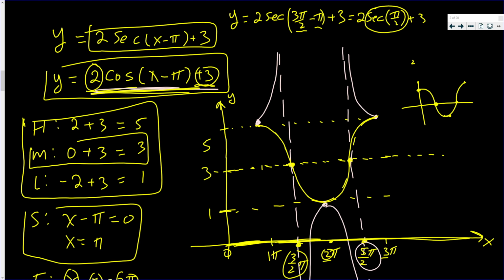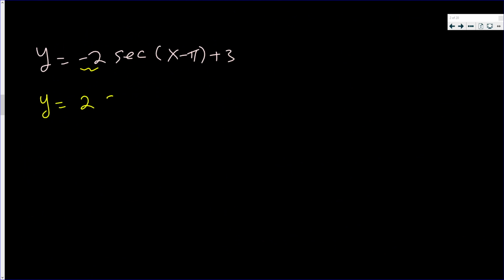Now, let us do one more like this. Y is equal to -2 secant of x minus pi plus 3. The only difference is it's negative now. So y is equal to -2. The reciprocal of secant is cosine.